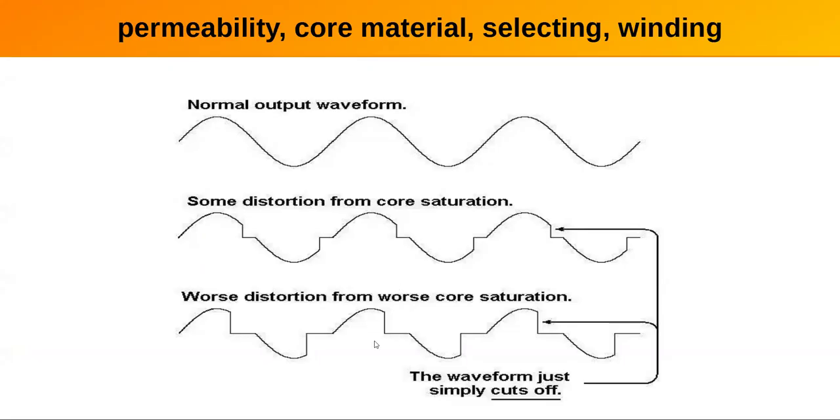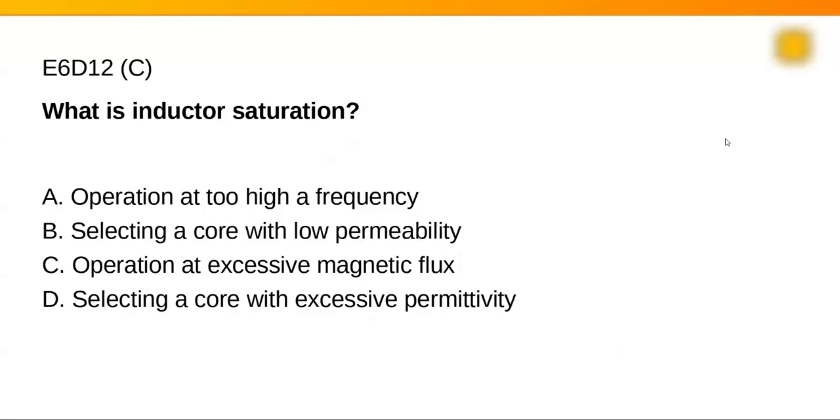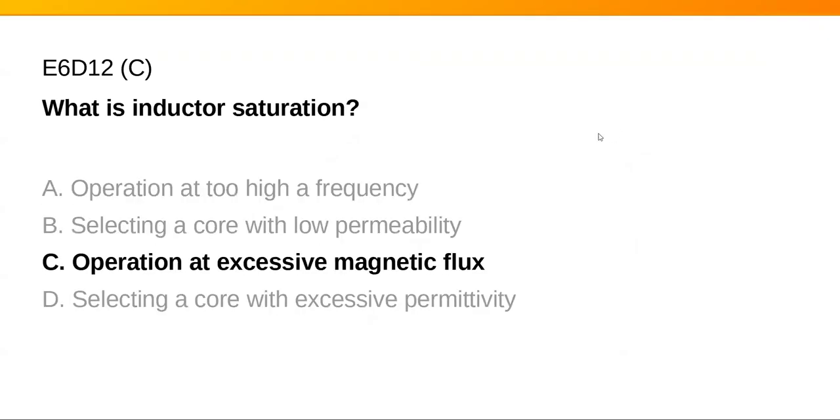And as you get higher and higher in the saturation, then you start getting really weird looking waveforms on the output. So what is inductor saturation? Remember, magnetic flux is the equivalent of current. It's like magnetic current.